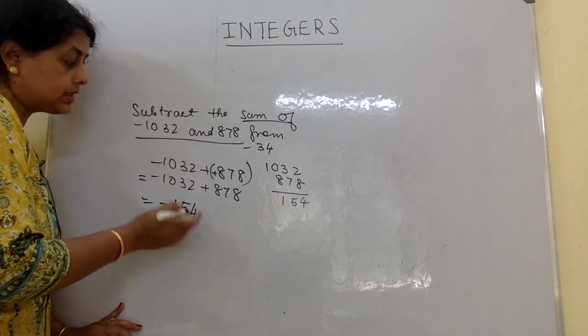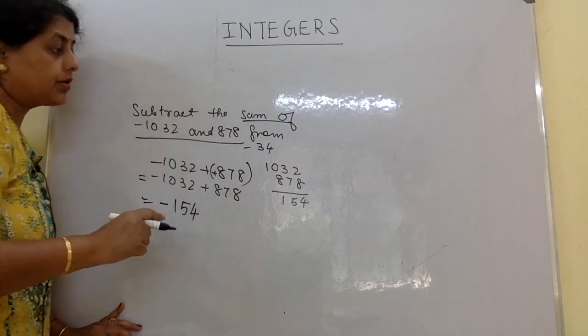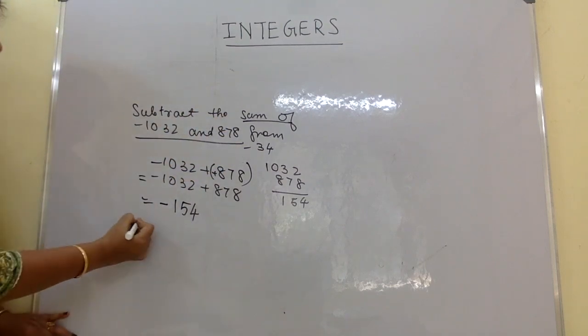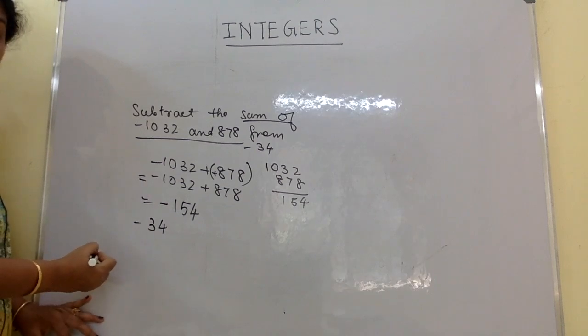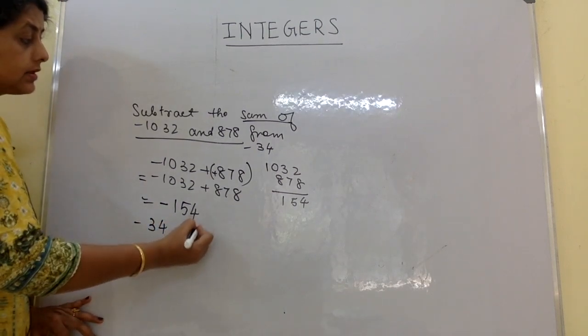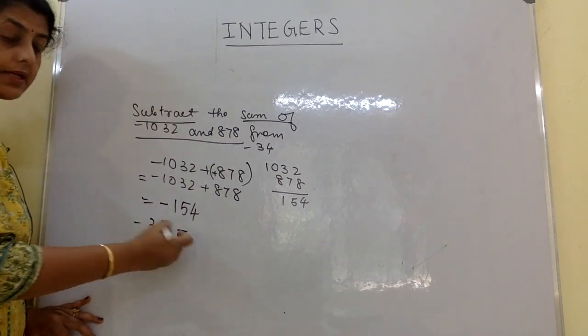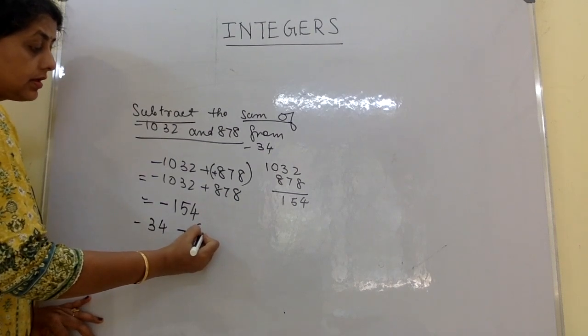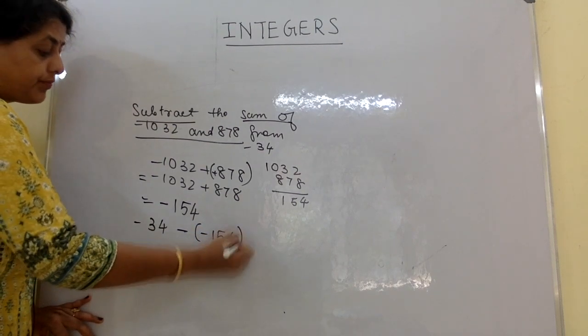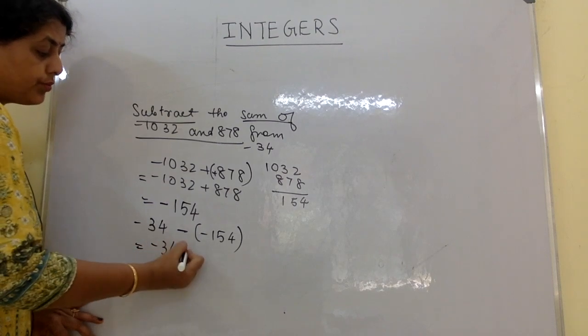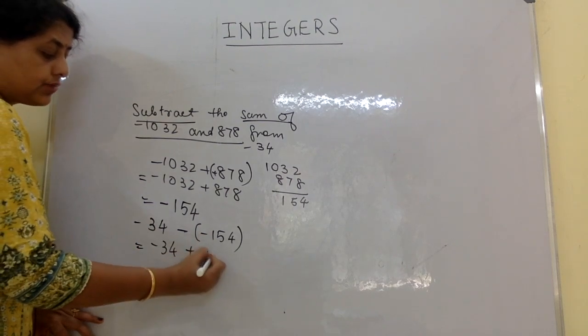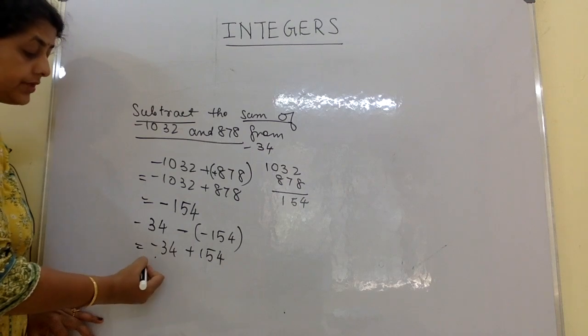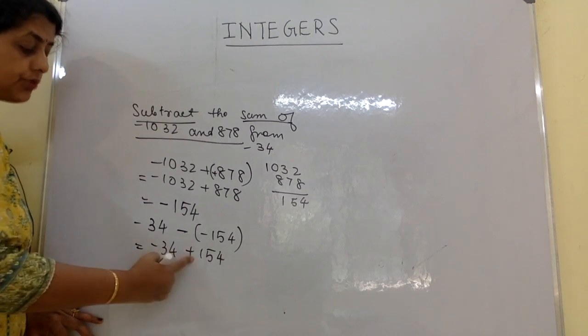From, so this is the sum of these two, first part. From minus 34. So minus 34 gets written in the front. Minus, because they told subtract, so this minus 154. Yes, minus 34 plus, minus into minus is plus 154. Now you see different signs, right? What to do now?